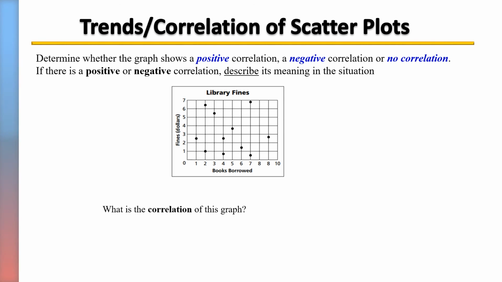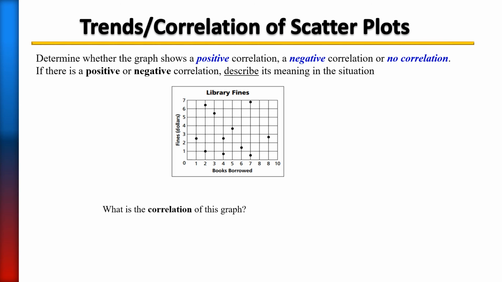In this last example, we're asked to determine whether the graph shows a positive or negative or no correlation. So here on the x-axis, it represents books borrowed from the library, and on the y-axis is the number of fines that you have for overdue books.